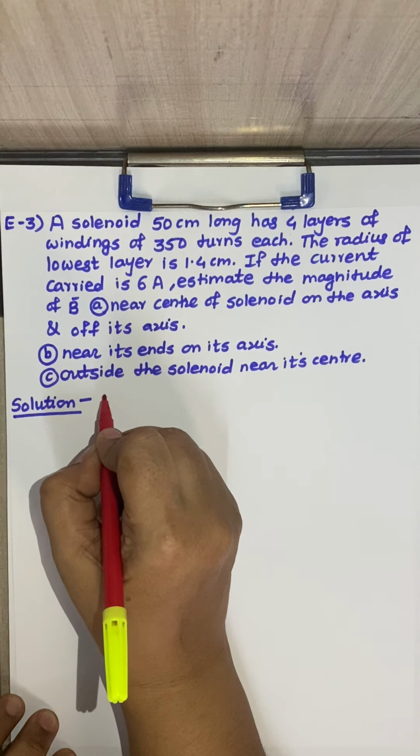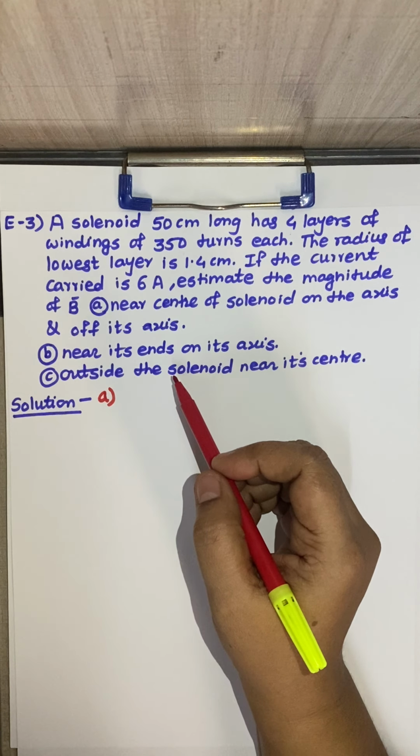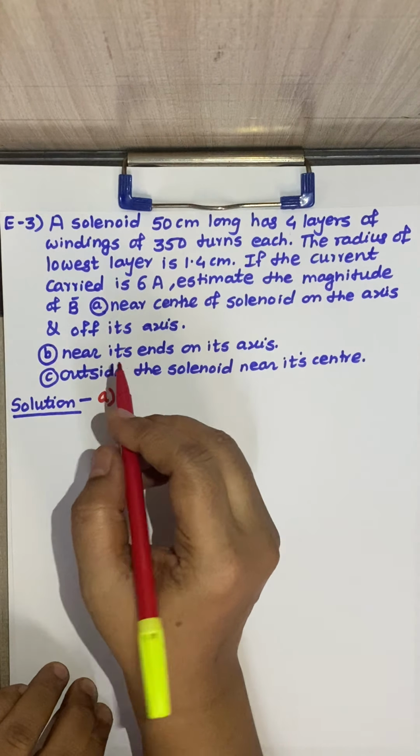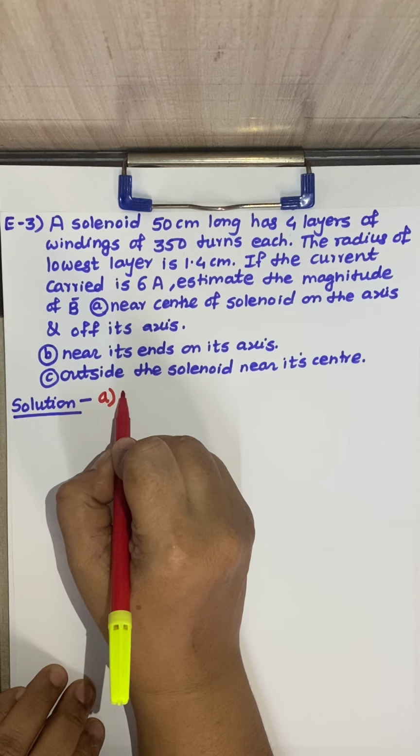Now the magnitude of the magnetic field at or near the center of the solenoid is always given by B is equal to mu naught times n into I. So let us write down first the magnitude of magnetic field.